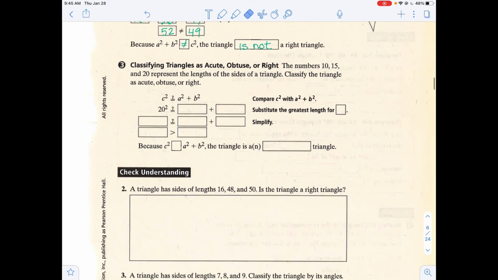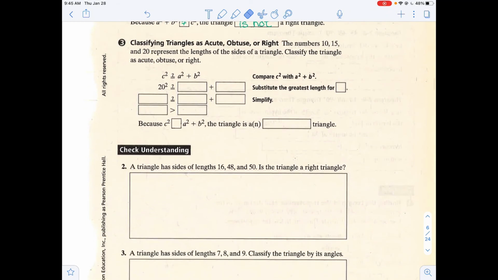Okay, one more example. Classifying triangles as acute, obtuse, or right. We are going to check and see if c squared is greater than, less than, or equal to a squared plus b squared. It says the numbers 10, 15, and 20 represent the lengths of the sides of the triangle. c is always the longest side, so we substitute c for the greatest length.